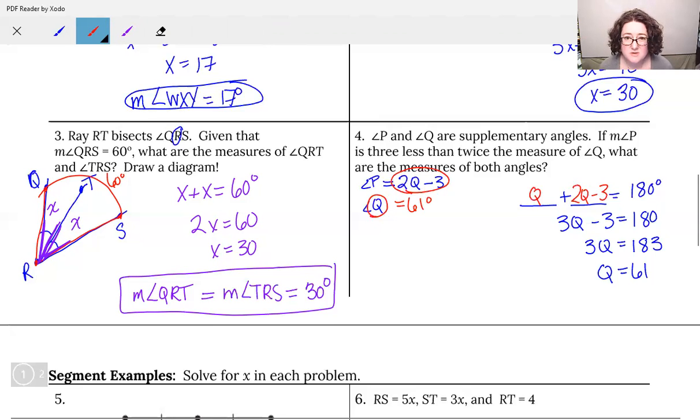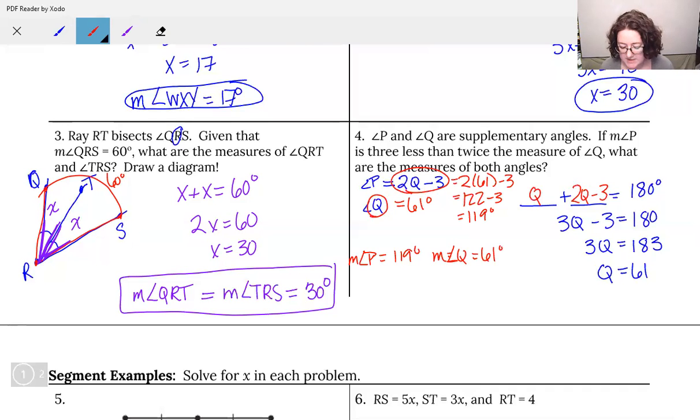And if I substitute that in for the statement I made for P, that's going to be 2 times 61 minus 3, aka 2 times 61 is going to be 122 minus 3, otherwise known as 119. So angle P equals 119 degrees, or measure of angle P is 119, measure of angle Q is 61.